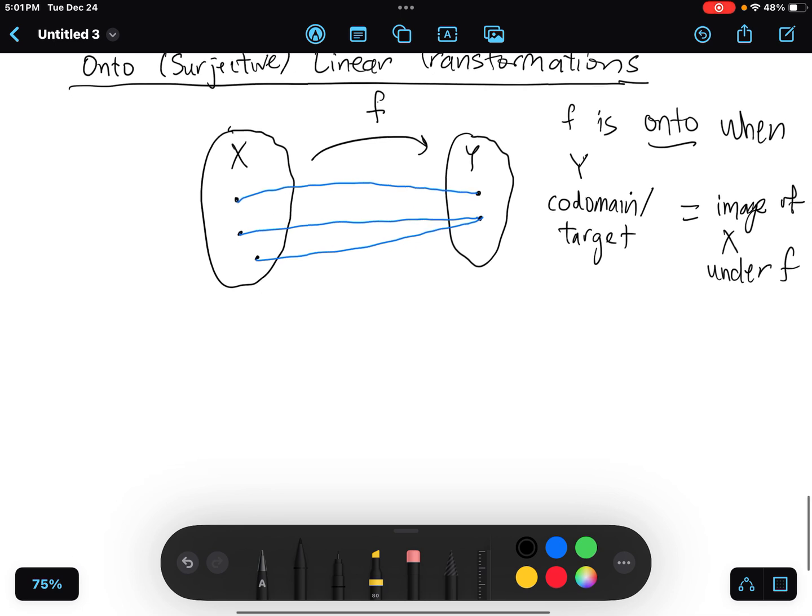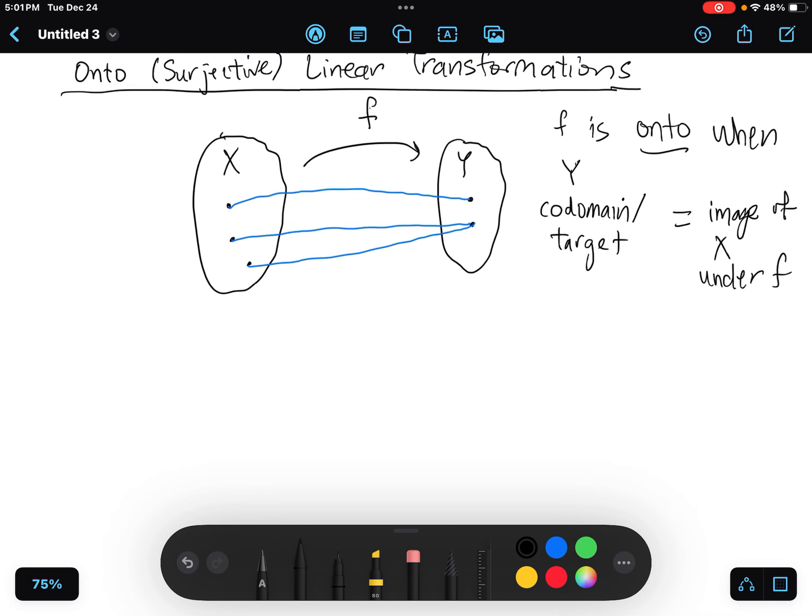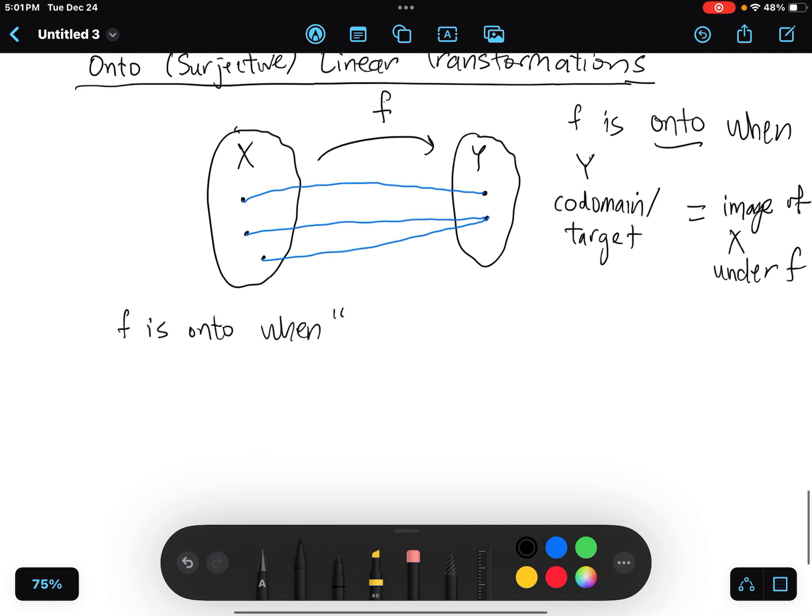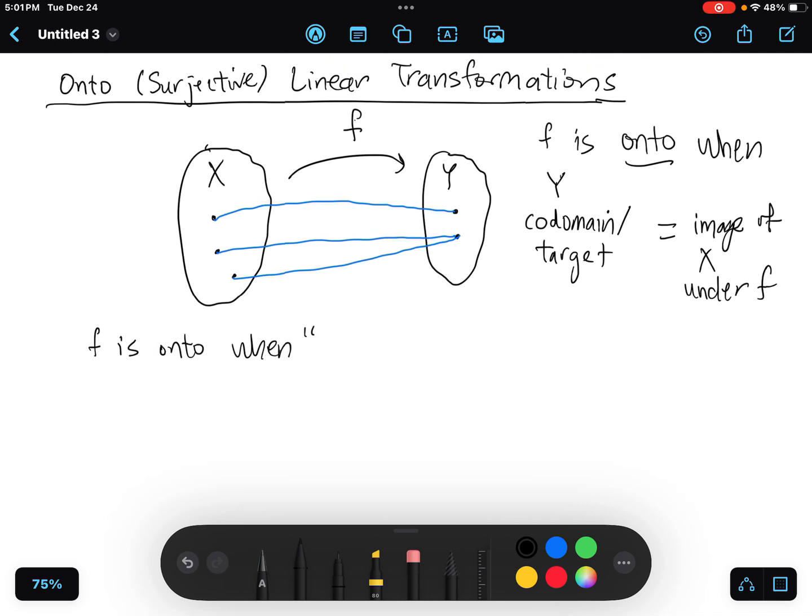So intuitively what this means, this is a kind of vague way of saying it, is that no element of y of the codomain is missed by the function f. That's one way to think about what it means for a function to be onto.